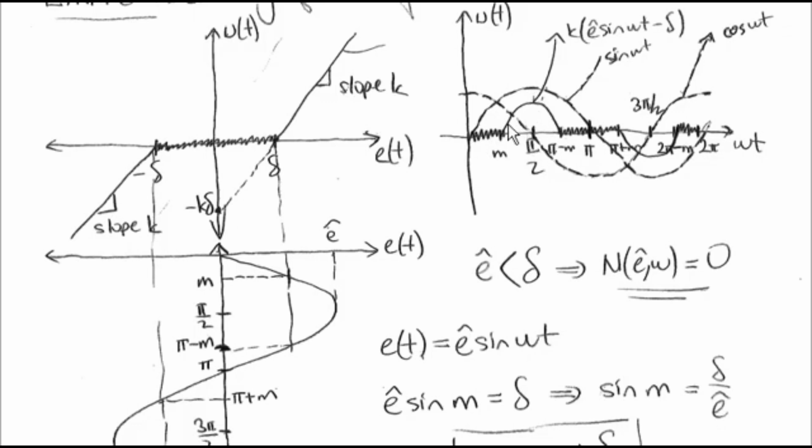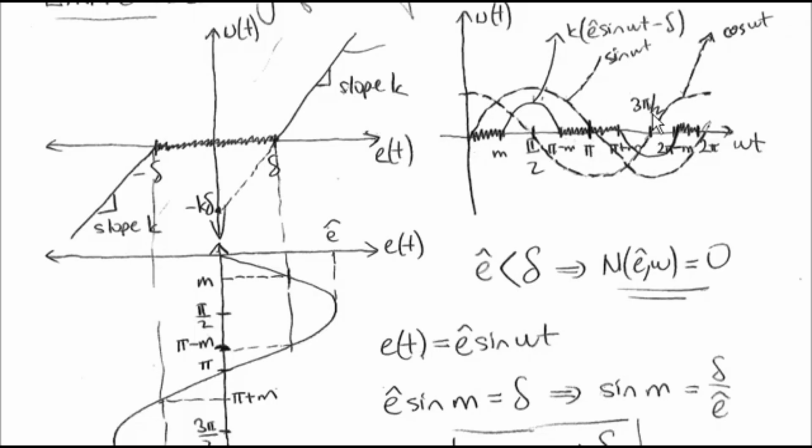So for every value here, there is a corresponding symmetric value of u of t here. On the other hand, cosine between 0 and pi is anti-symmetric with respect to pi over 2. That means that when I multiply these two functions, I am going to get an anti-symmetric function with respect to the value pi over 2 between 0 and pi.